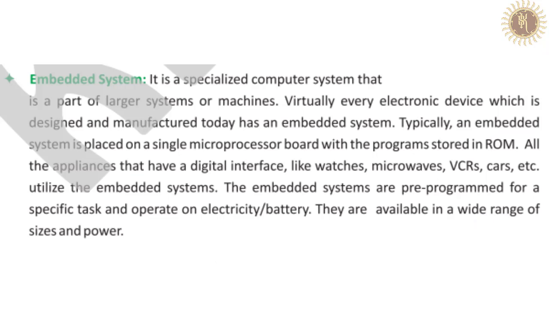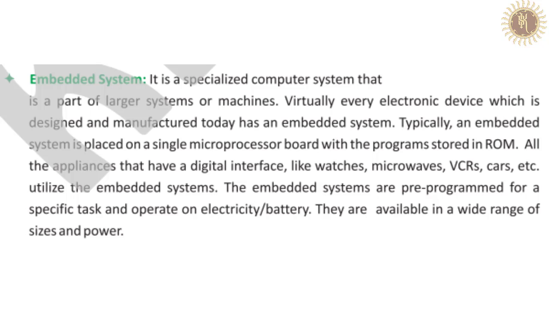Embedded system. It is a specialized computer system that is a part of larger systems or machines. Virtually every electronic device which is designed and produced today has an embedded system. Typically, an embedded system is set on a single microchip board with the programs stored in ROM.